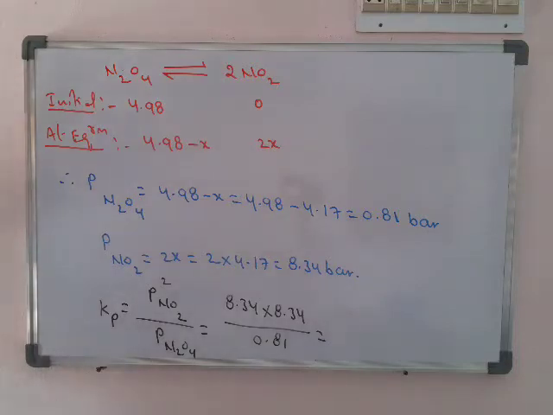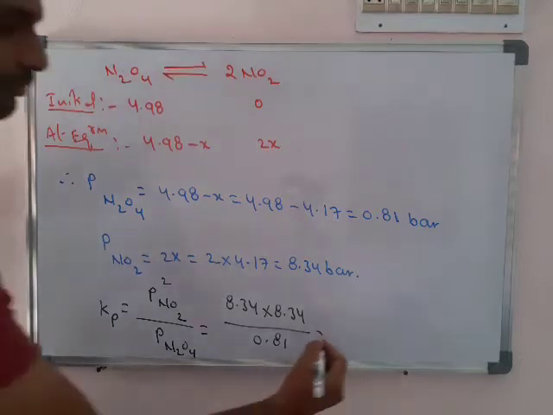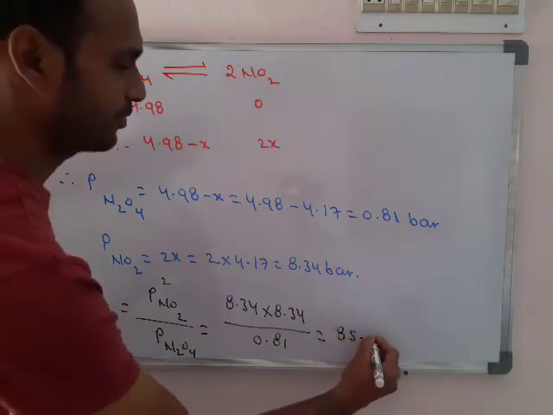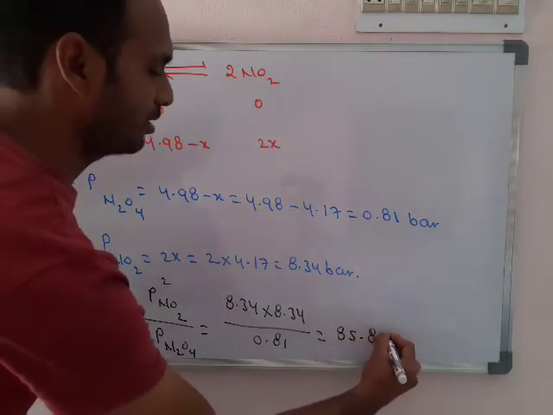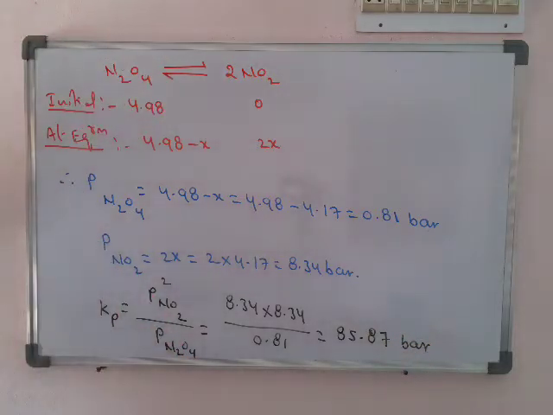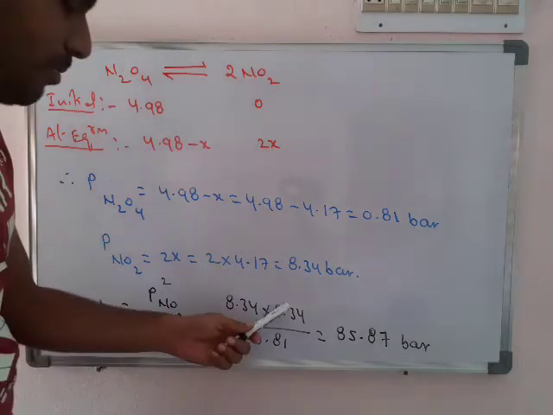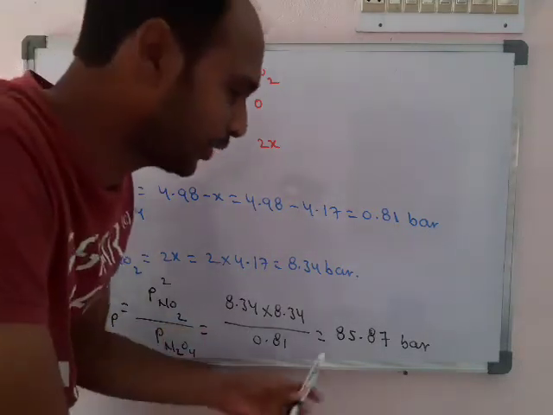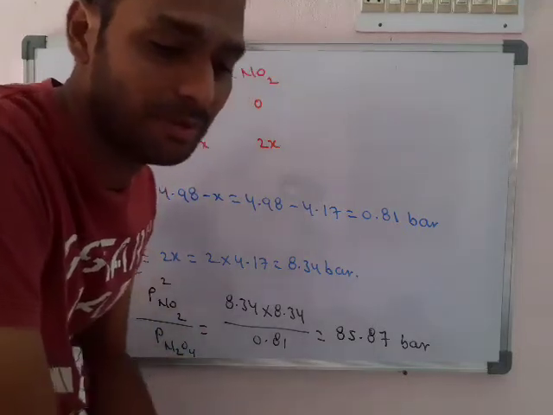In this overall calculation we will get 85.87. Try to check the calculation. 85.87 bar. Here the bar cancels, so 85.87 is the Kp value.